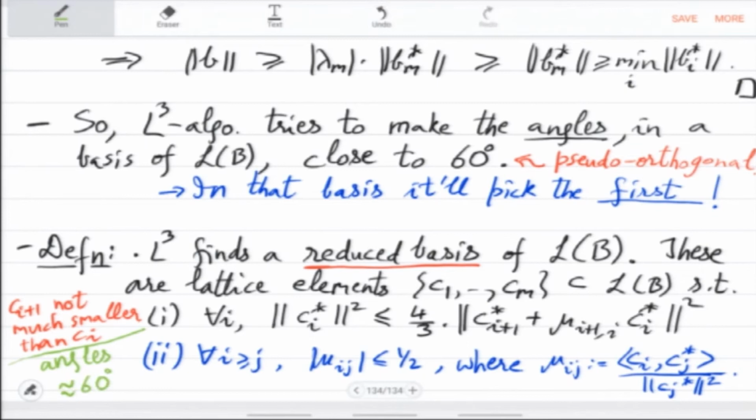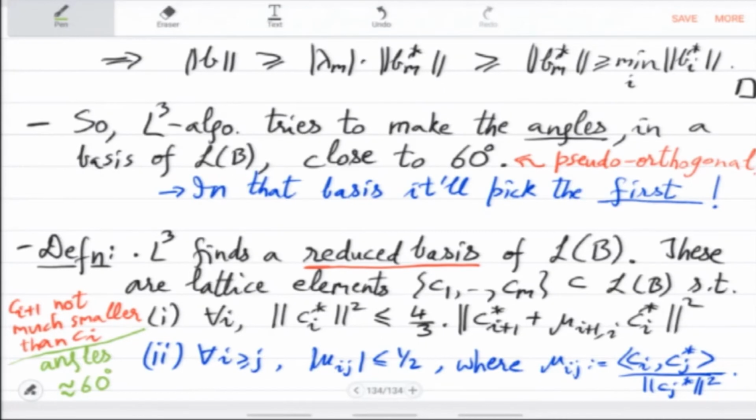Okay, so this is what we define as a reduced basis. So in a lattice, can you find a basis where, in this order, the Ci plus 1 vector is not much smaller than Ci, so kind of increasing in length, and second, that the angle of Ci plus 1 on the previous subspace is around 60 degrees.